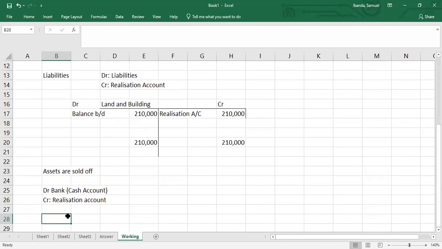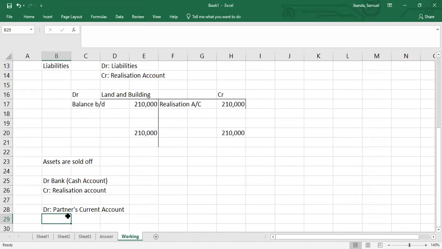Now, in cases where, let's say, the assets are taken off by the partners, okay? What you will basically do is you will debit the partners' current account, because basically it means we are going to deduct that asset from the benefits that the partner would have taken, okay?